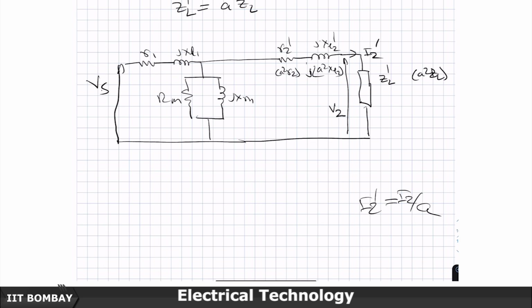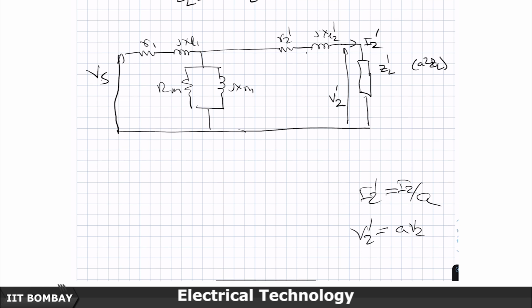So, I will mark this as V2 dash. Now, everything in this circuit has been referred to primary. So, you can see that it is easier to work with this circuit, and this is the way our circuit is going to look like.